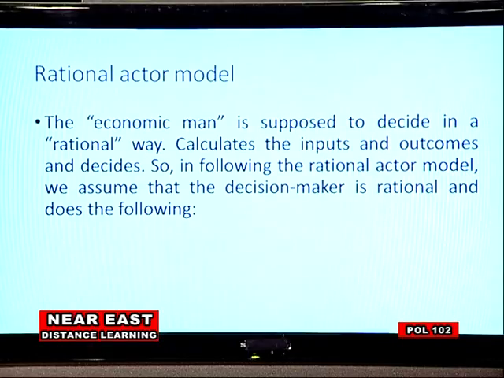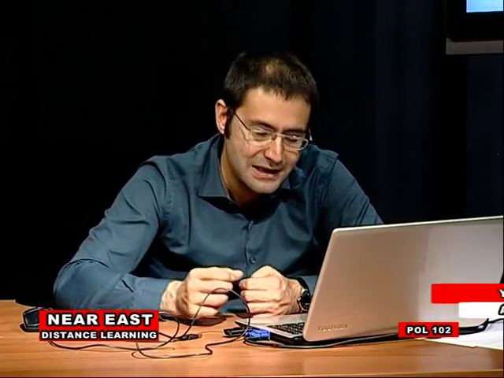One model is the rational actor model, and in that model we consider the decision maker as an economic actor, as an economic man, calculating costs and benefits of the decision. In disjointed incrementalism, we assume that the political leaders are trying to solve small problems, and they try to avoid bigger problems, and they don't try to play the Che.